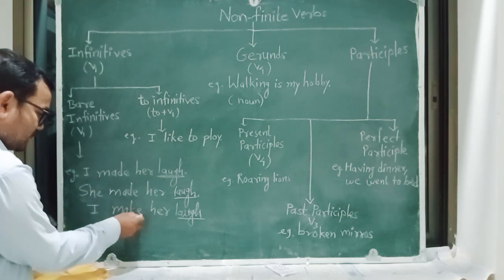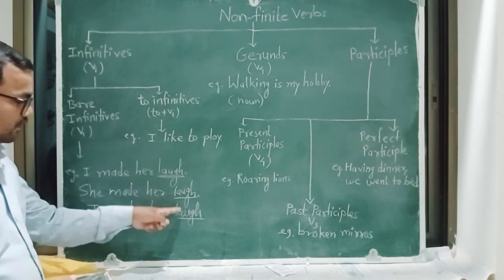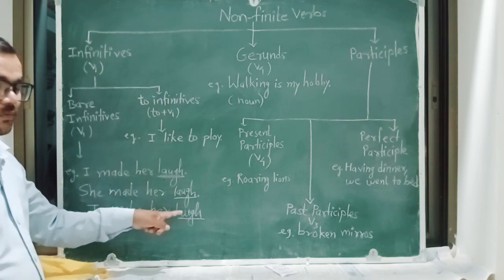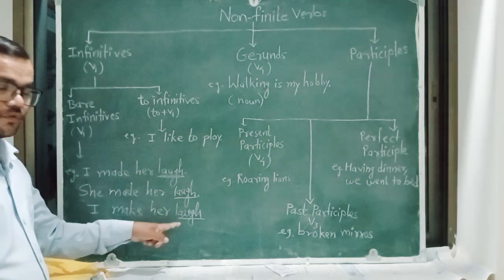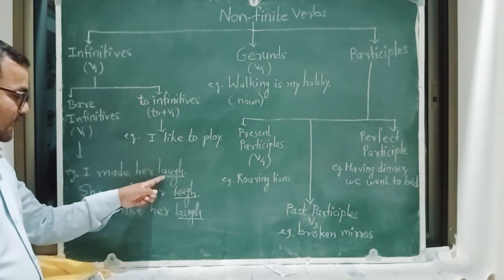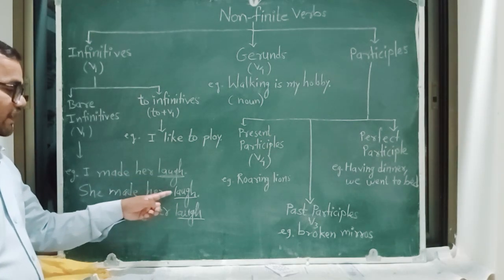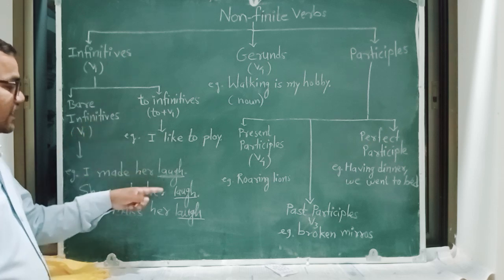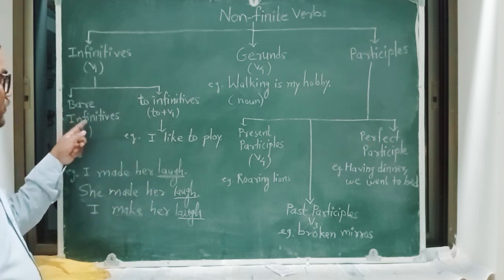So this verb is a finite verb, and laugh over here is a non-finite verb, which is in the root form of the verb. Right? So as laugh is in the root form of the verb, or we can say the first form of the verb, these kinds of verbs are called bare infinitives.